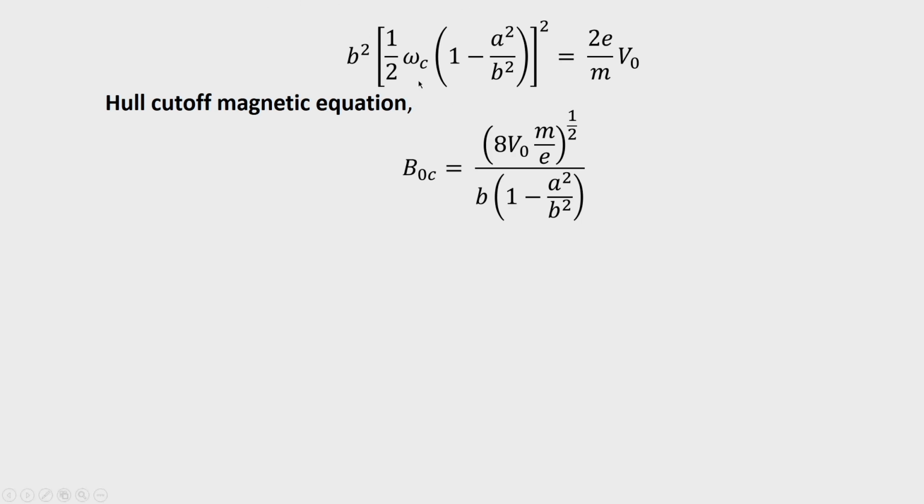From here, for a given V naught, we can find out the cutoff magnetic field B0C. We get this B0C by substituting omega c is equal to e B0C by m, and then we rearrange the terms to get the Hall cutoff magnetic field.